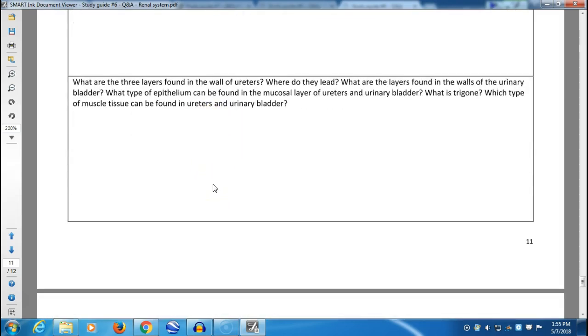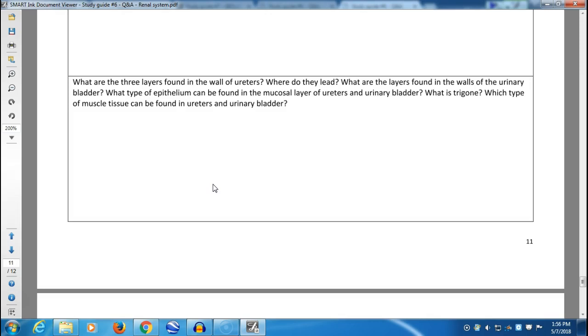So, urinary bladder and urethra, they all lack submucosa. Remember that? There's smooth muscle in the ureter, urinary bladder, and urethra, and epithelium. It's transitional all the way to practically the urethral orifice, where it turns into stratified squamous.